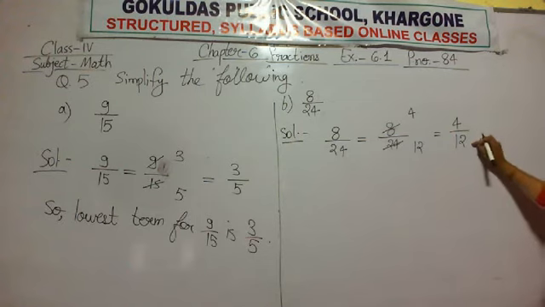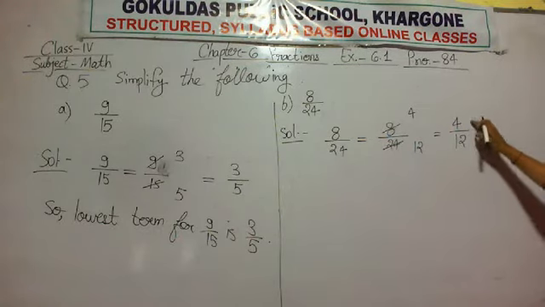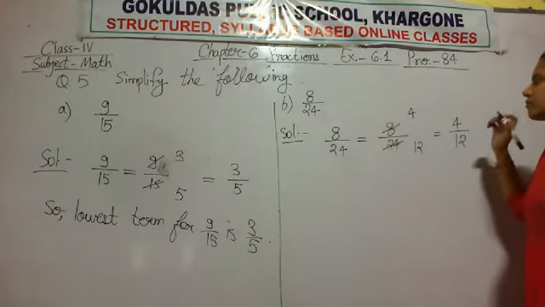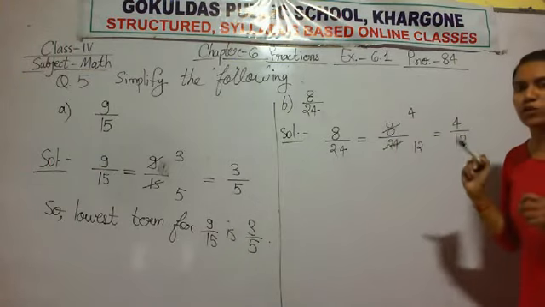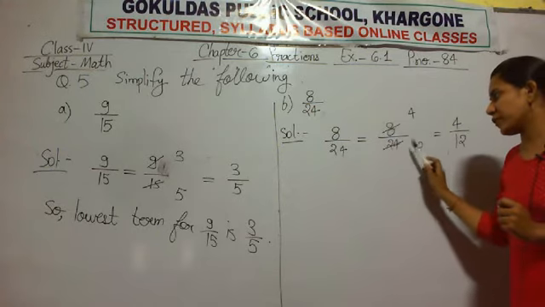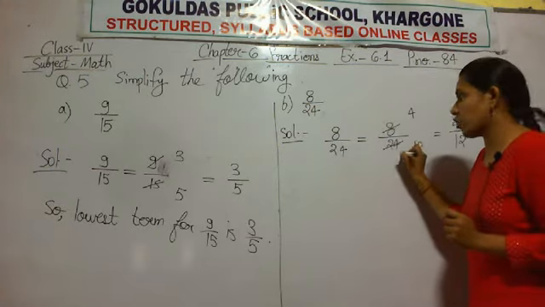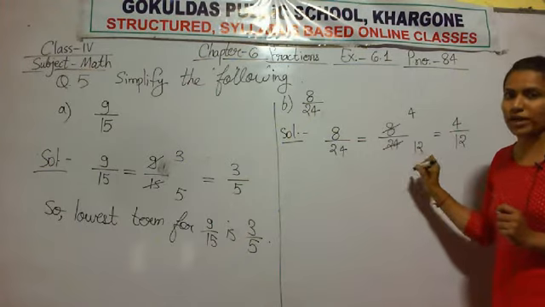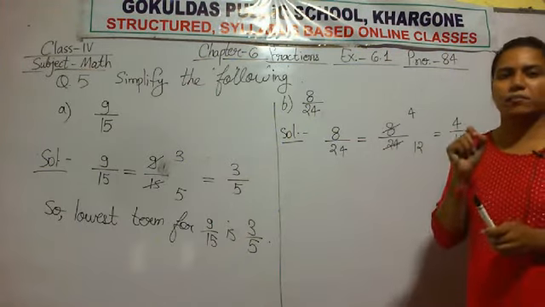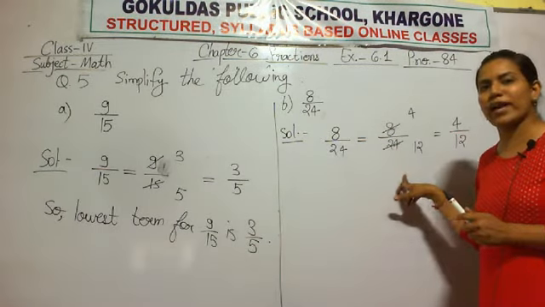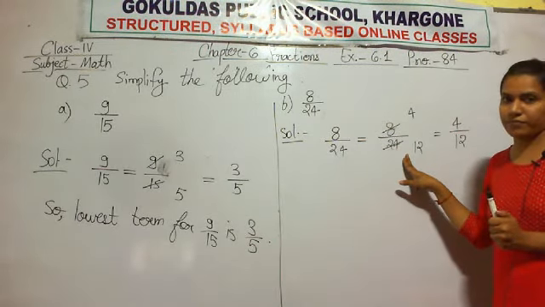Now this 4 upon 12 has 2 as a common factor because both are divisible by 2. Remember one more thing: if you are dividing the numerator by 2, it is required to divide the denominator by 2. Both the numerator and denominator must be divisible by the same number, then only you can divide.